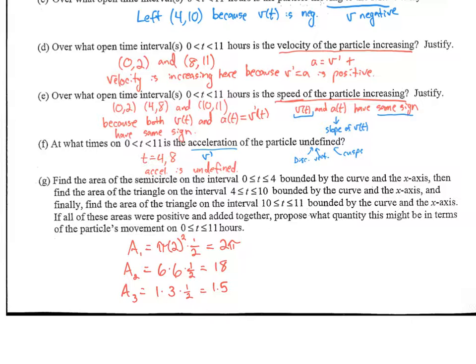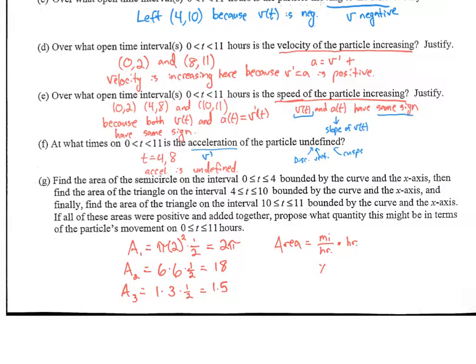Okay, now each of these things, what we are basically doing is multiplying two different quantities. In order to find area, we're multiplying the quantity on the y-axis, and the y-axis is measured in miles per hour, by the thing on the t-axis, or the x-axis, and that was measured in hours.